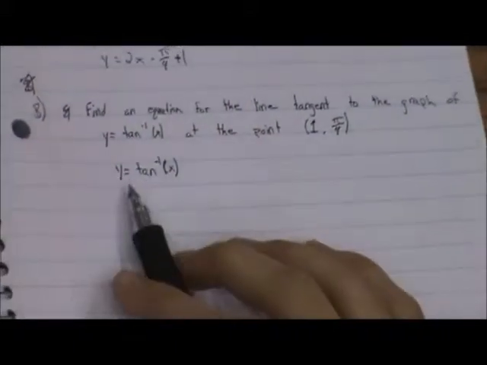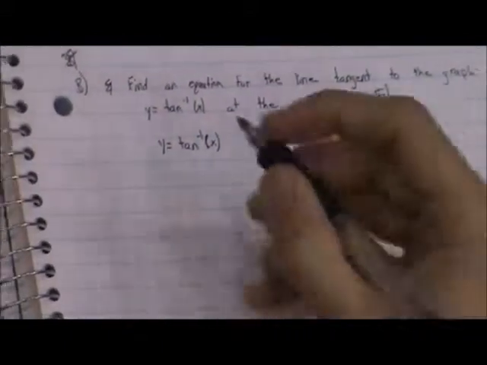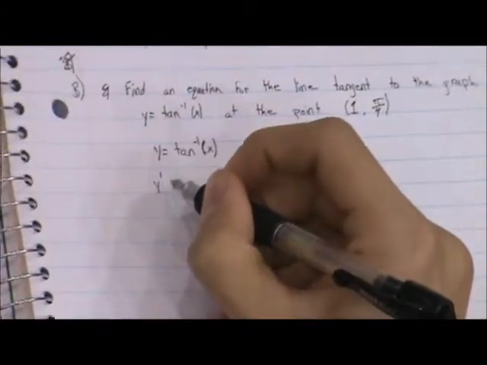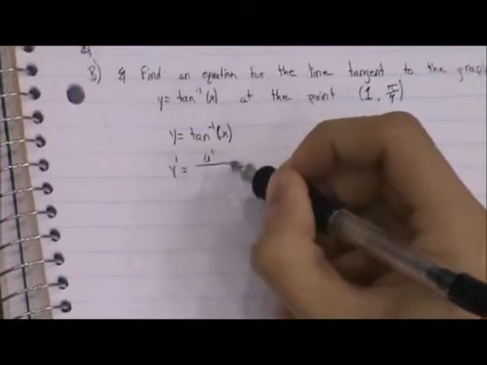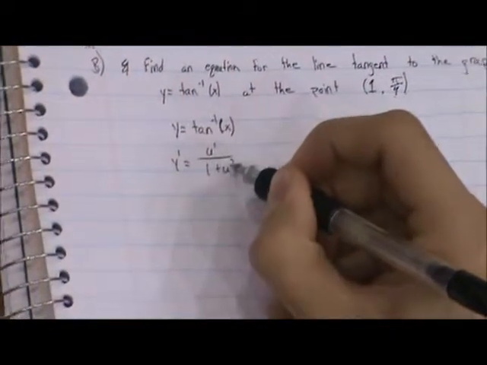Okay, in this example, we need to find an equation for the line tangent to the graph of y equals inverse tangent of x at the point 1 comma pi over 4. So we need to take the derivative of the inverse tangent. To do that, we need to know that the derivative is equal to u prime over 1 plus u squared.